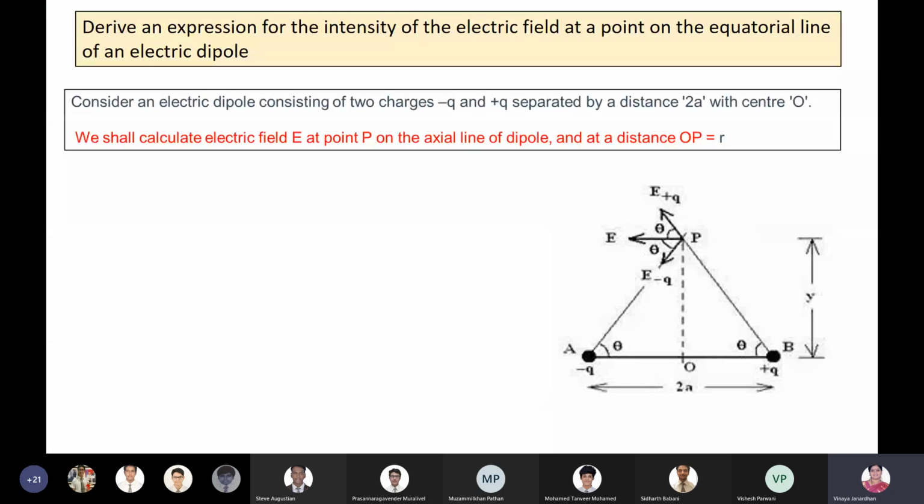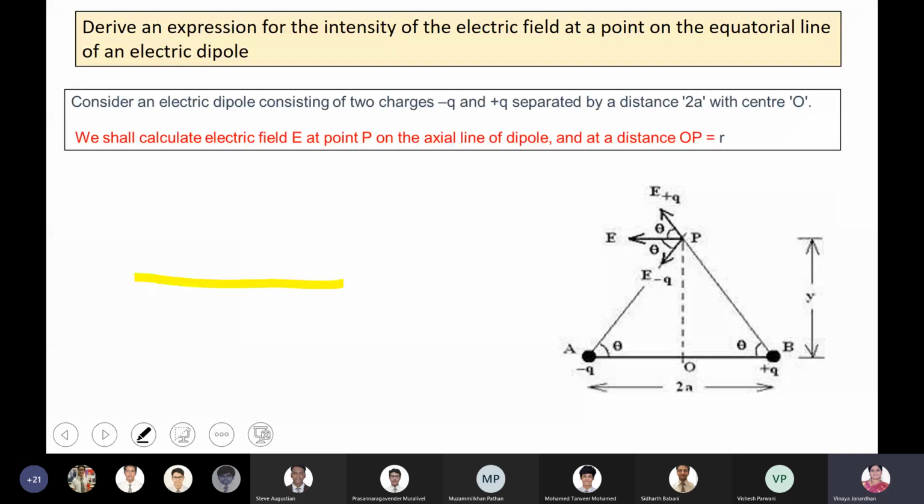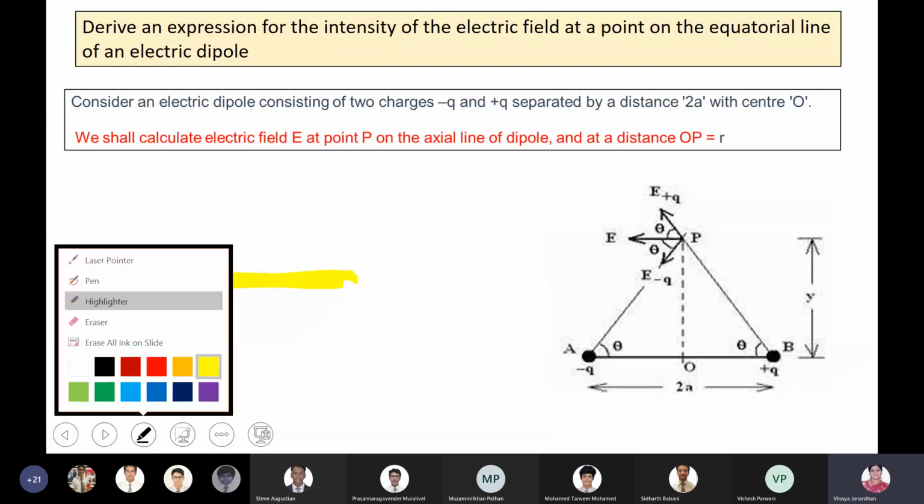In the previous case, you had found the electric field strength at a point on the axial line. Now, what are you going to find? Now this is your dipole. Let me put this as your dipole. So we mark this point.